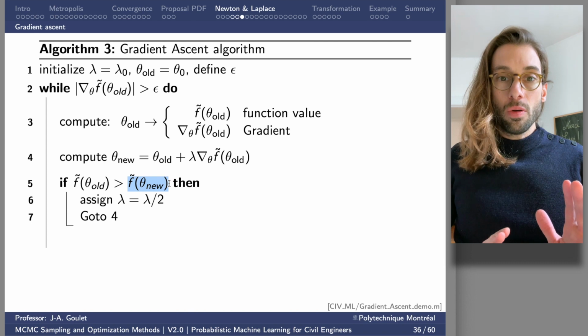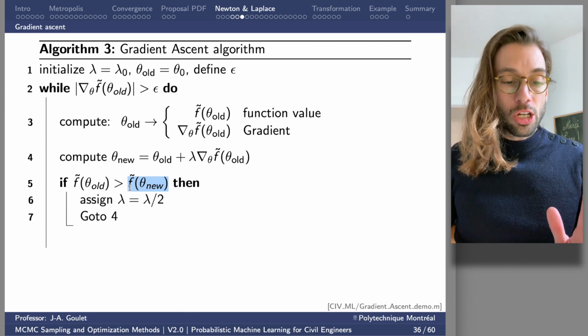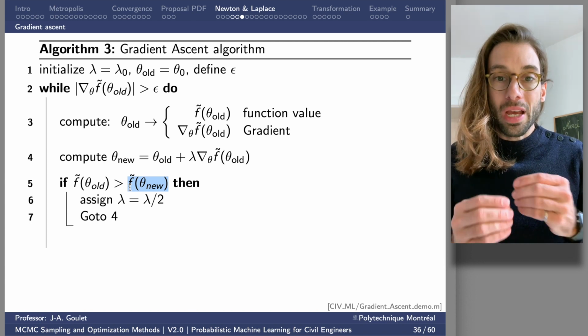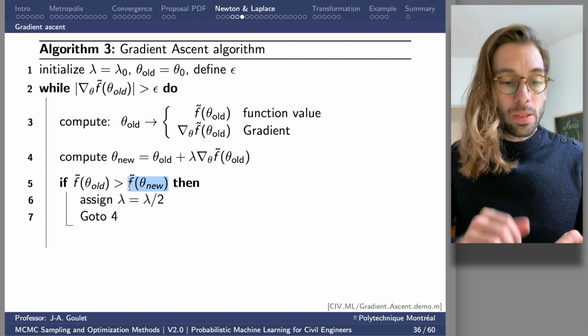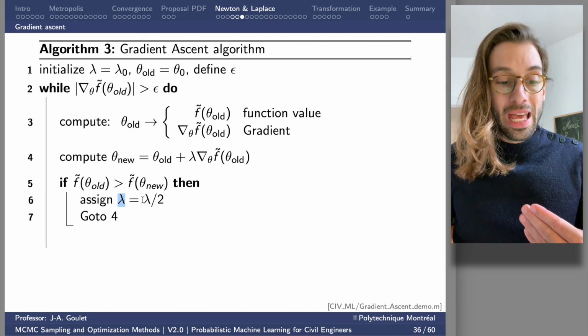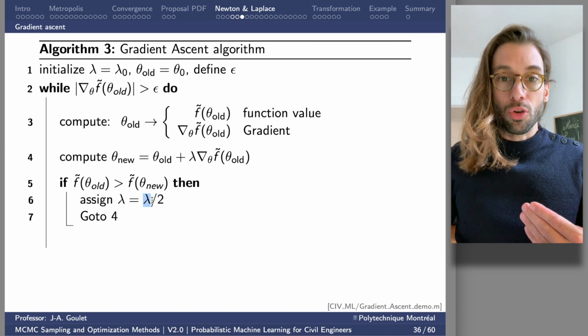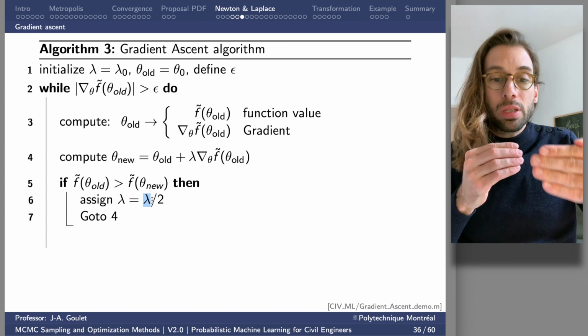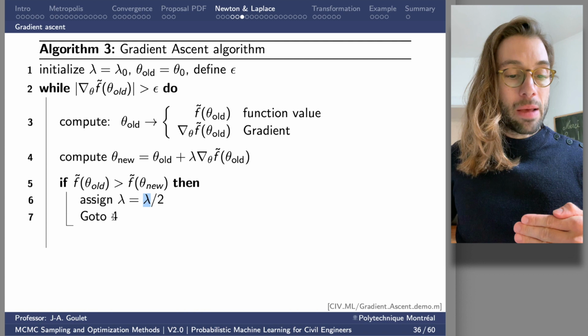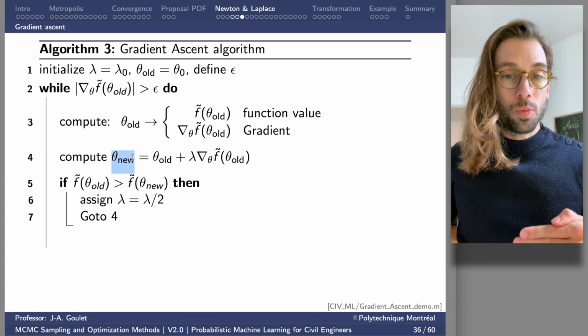If this is true, perfect, we move. But if it's not true, we need to adjust our scaling factor. A simple heuristic to make that adjustment is to say my lambda, that could be initially, for instance, 1, is now going to be lambda over 2. I'm not going to accept a full step, I'm only going to do half a step, okay? And then I'm going to go back here to recompute a new position.